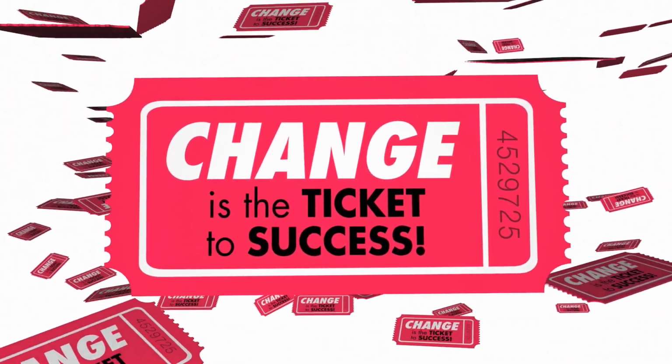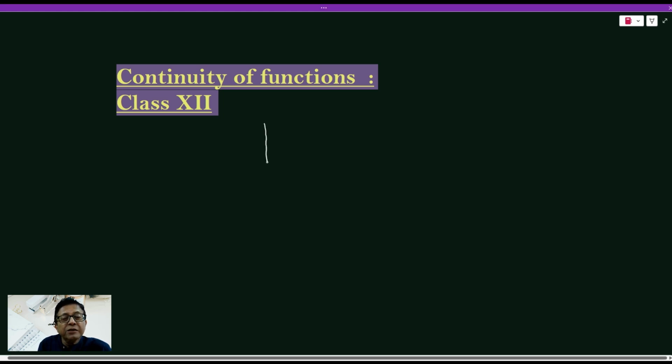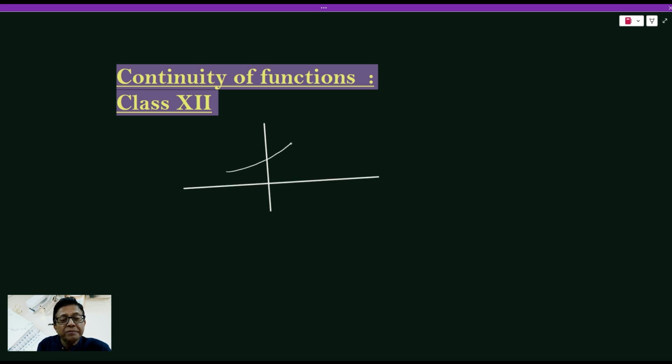Continuity of functions. Better I say continuity of graph of function. If you are given the graph of a function in this form, maybe an exponential function or whatever, we can draw a linear function, we can draw a quadratic function.